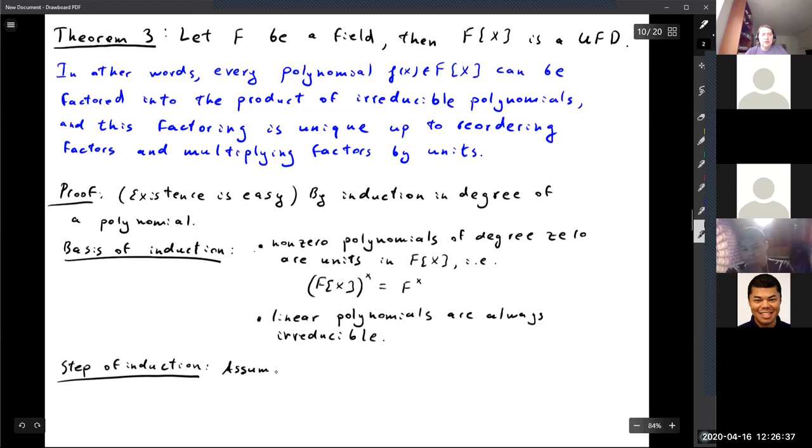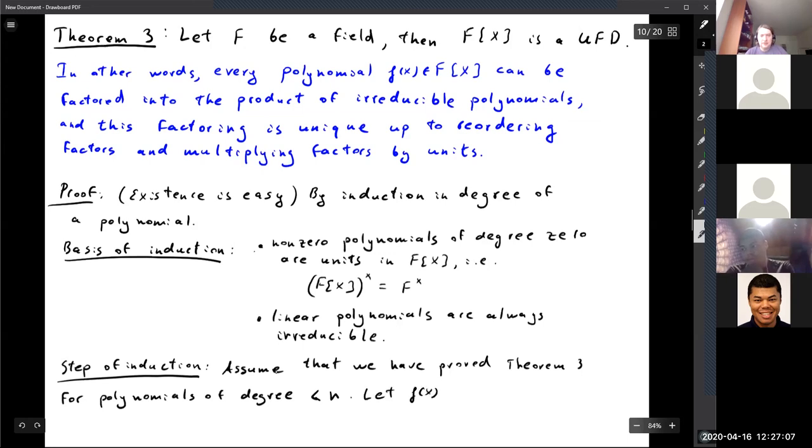Assume that we have proved theorem 3 for polynomials of degree less than n. So let f of x be a polynomial of degree n.